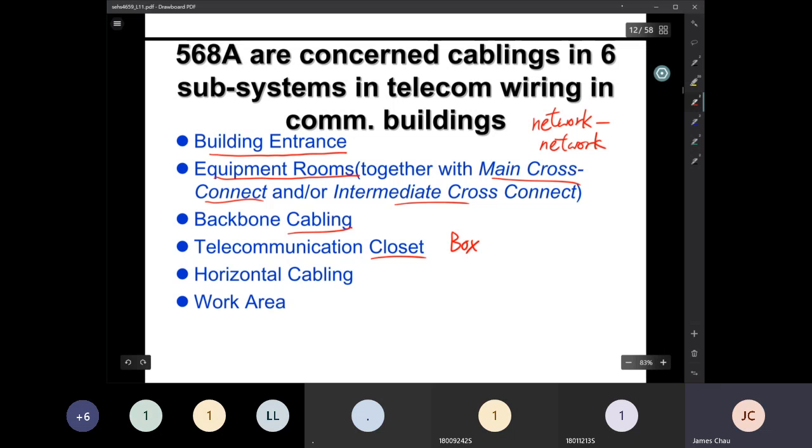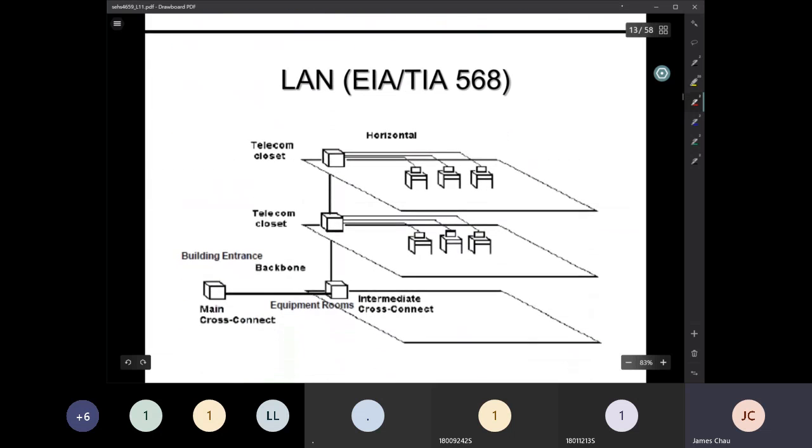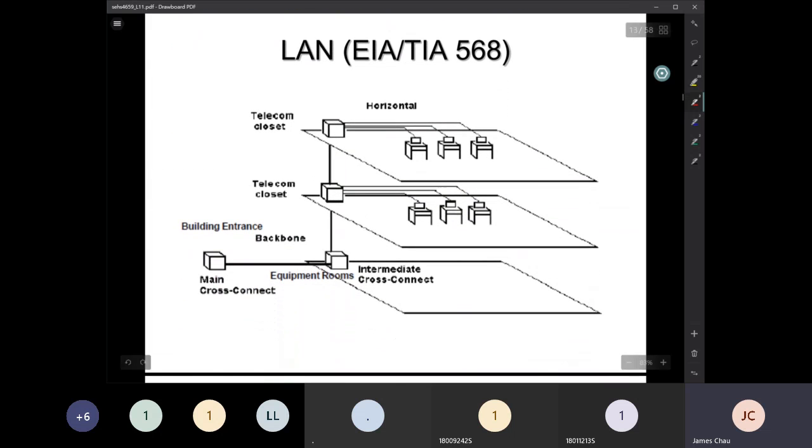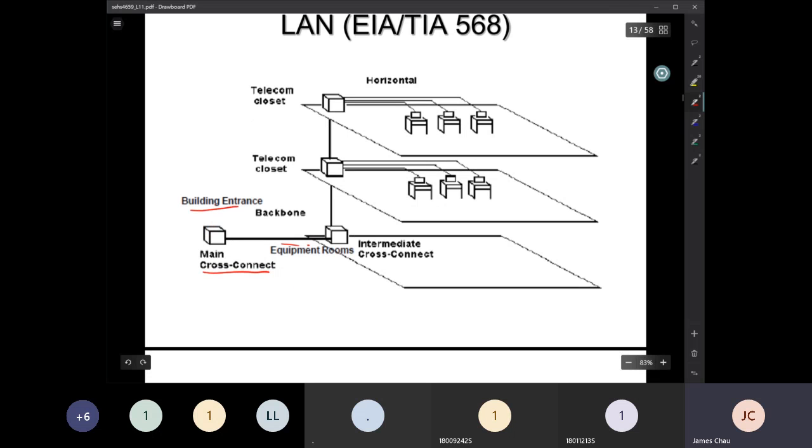And you can see on the next page, we have a diagram to describe each of the subsystems for the structured cabling. Now we have the main building entrance, where we have the main cross connect. We have the equipment room. You can see that we have the intermediate cross connect here. And to connect the telecom closets for each floor, we have a backbone.